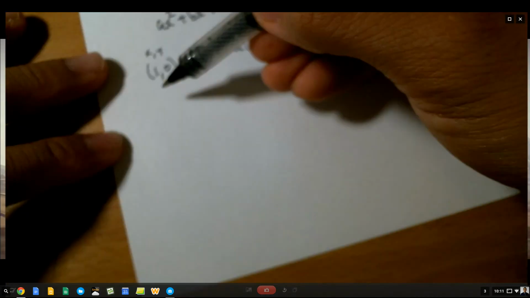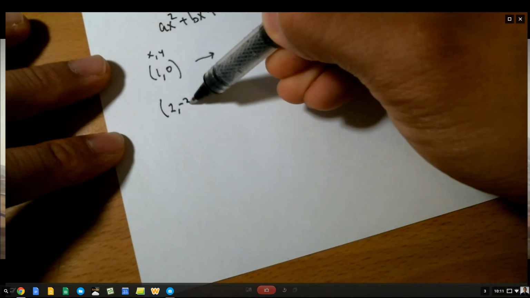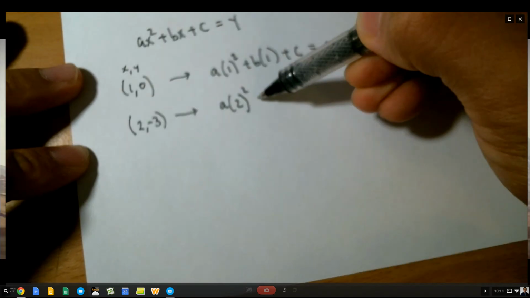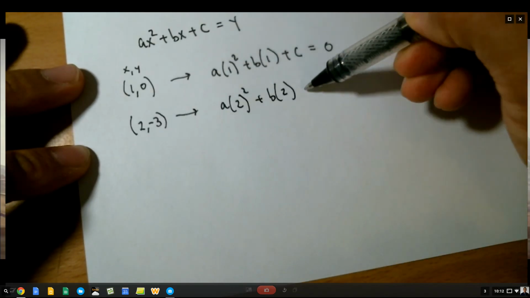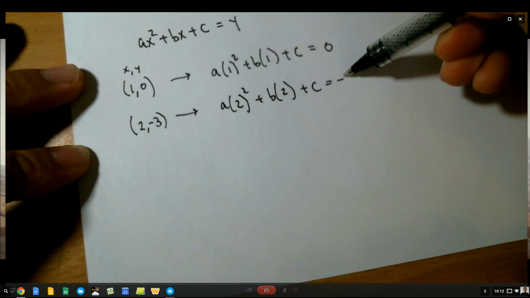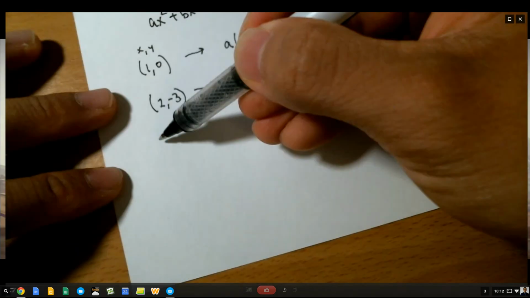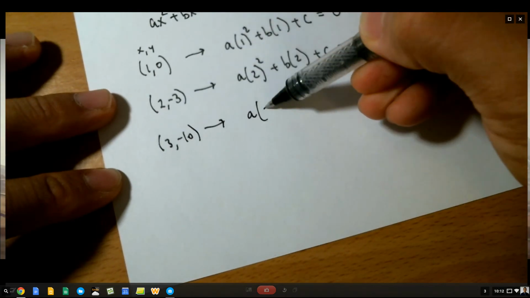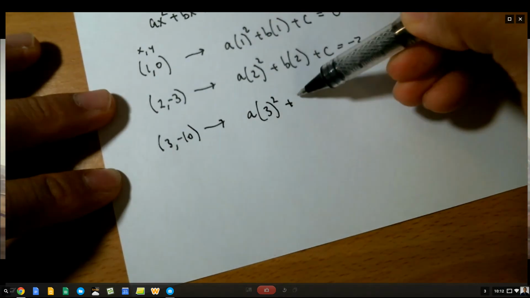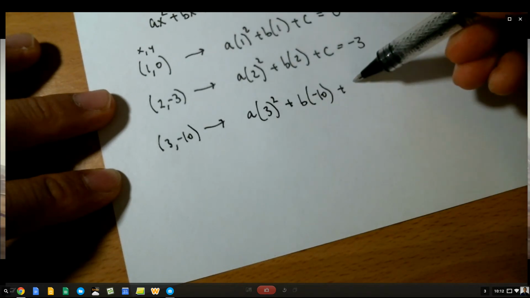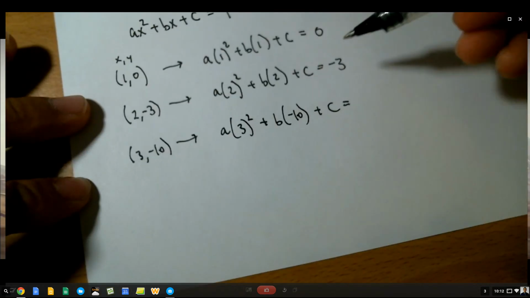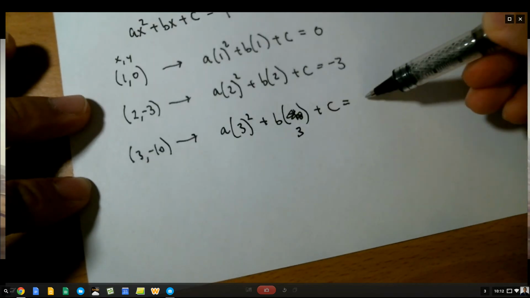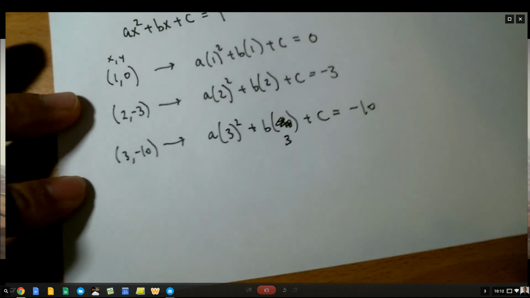And then my second point, 2, negative 3: a times 2 squared plus b times 2 plus c equals negative 3. And my third point, 3, negative 10: a times 3 squared plus b times 3 plus c, and that is equal to negative 10.